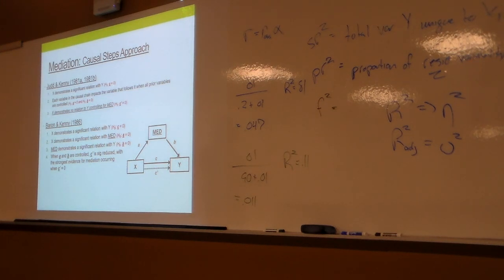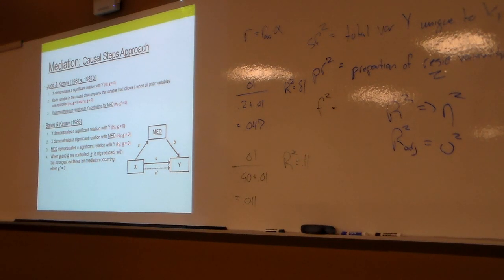But then this is where they tweak things a little bit, right? In Judd and Kenny's original conceptualization, this C path that was statistically reliable has to go away. It's no longer statistically significant. Baron and Kenny say that once we've controlled for A and B, C doesn't have to go away completely, it just needs to be significantly reduced.